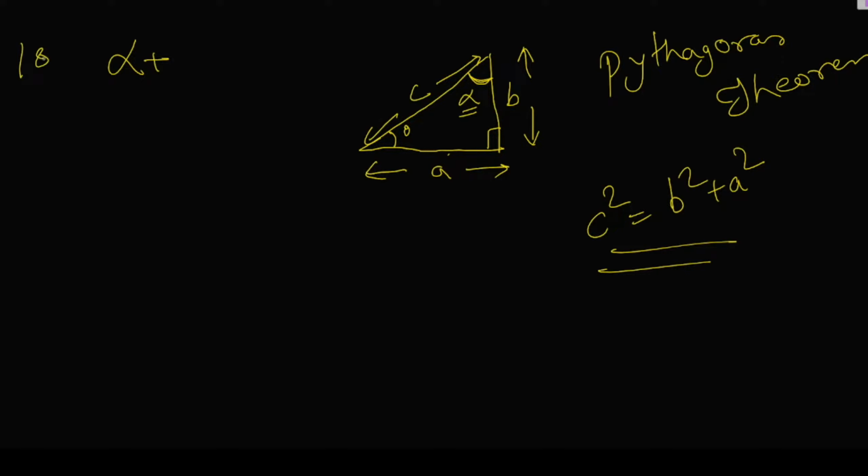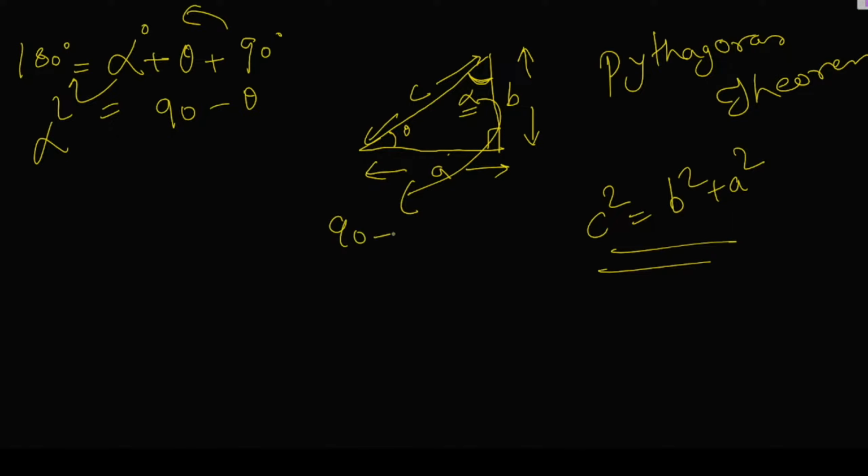So 180 degrees is equal to alpha, which we need to find out, plus theta, plus 90 degrees. So if I just transpose, alpha becomes 90 minus theta. So this value is basically 90 minus theta.